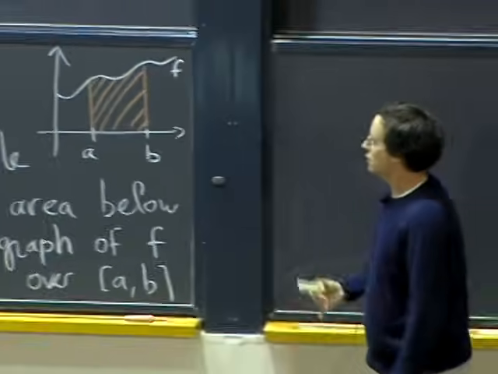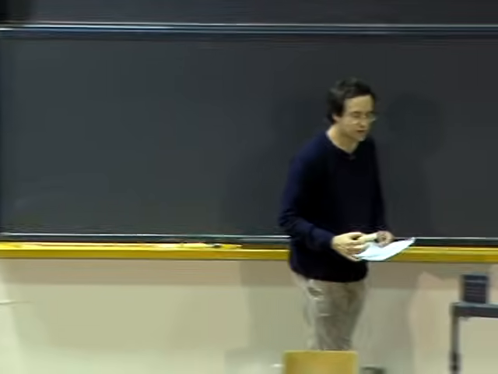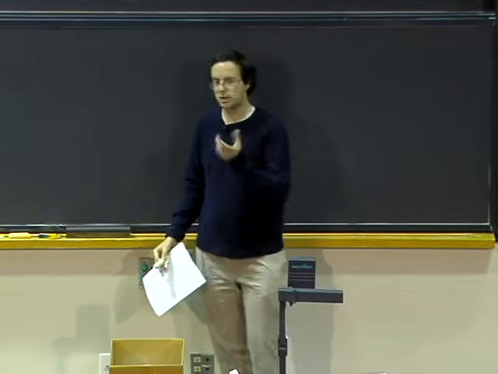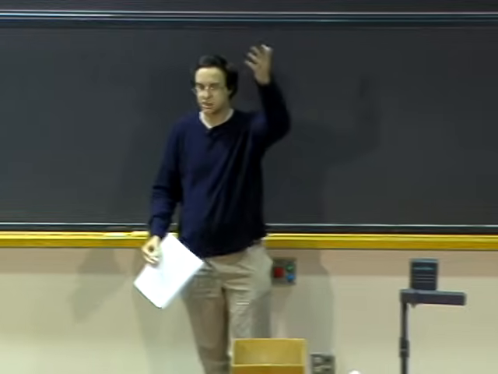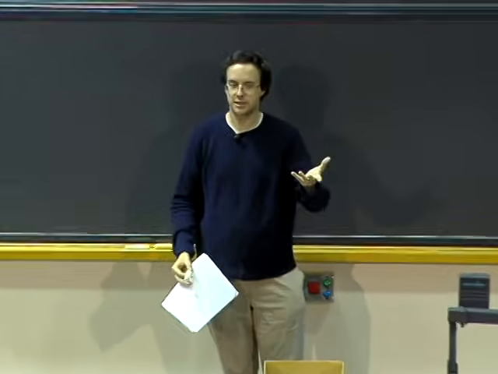Now when you have a function of two variables, you can try to do the same thing. Namely, you can plot its graph. Its graph will be a surface in space. And then we can try to look for the volume below the graph. And that's what we will call the double integral of a function over a certain region.